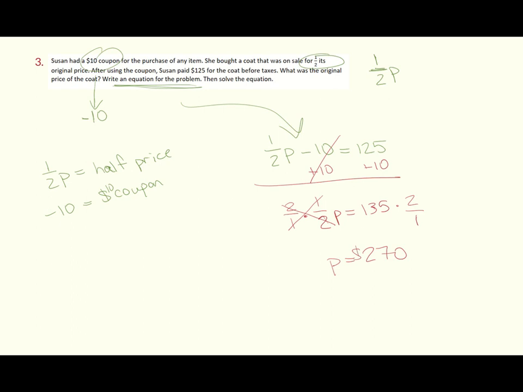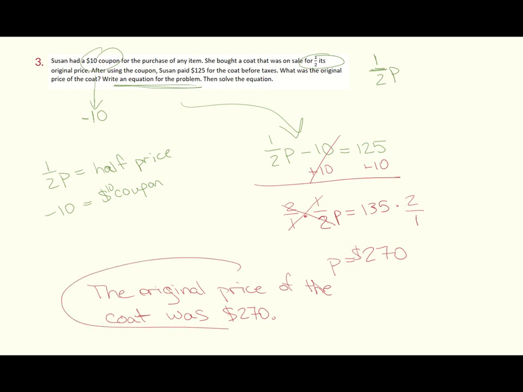So in your sentence, you can say the original price of the coat was $270. And since she got it for 125, she did pretty well.